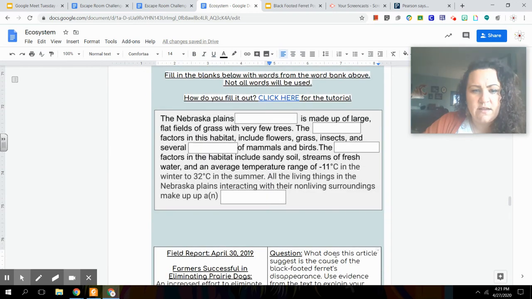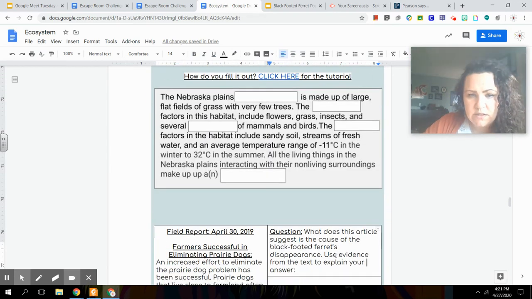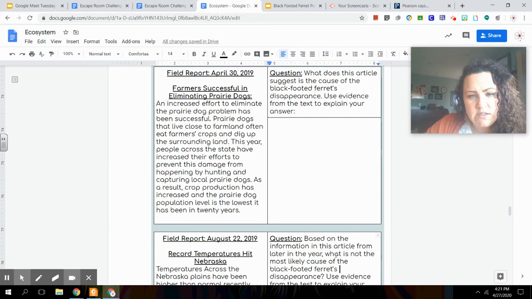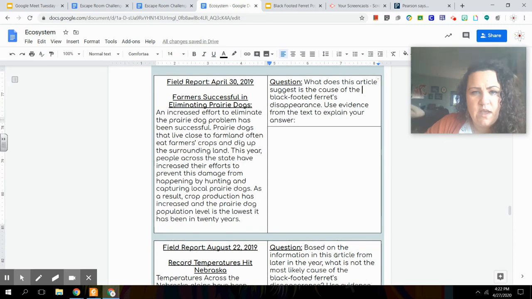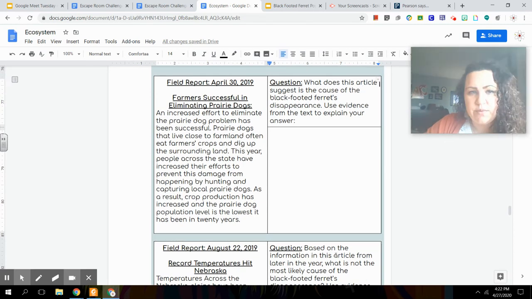So next is some field reports. There's these field reports explaining some information about what has happened to the black-footed ferret. So here's one field report of some activities going on in this ecosystem. So you read this part first. Here's the questions that I'm going to ask you to answer.